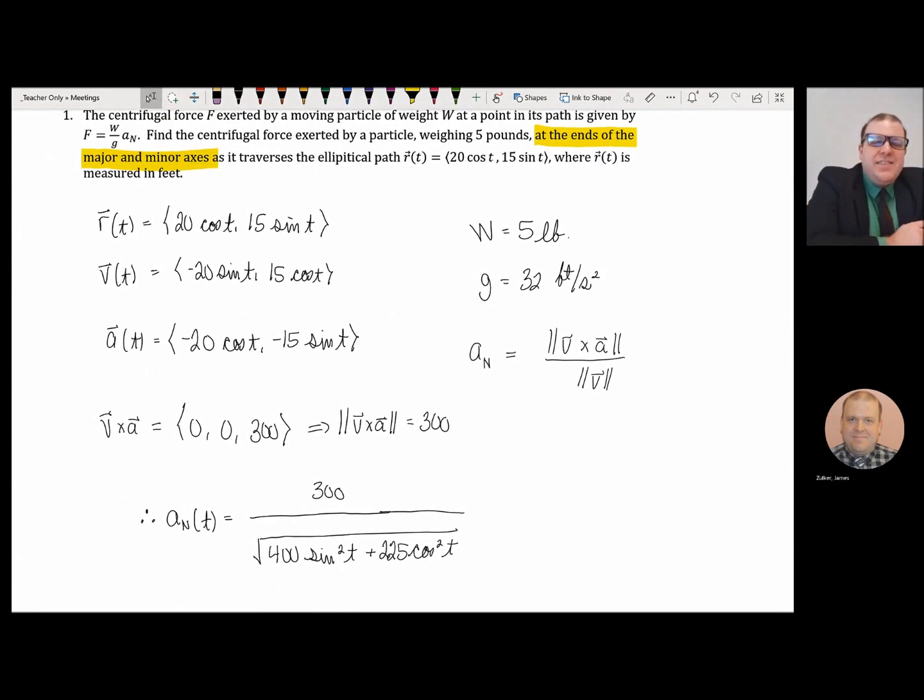You should easily look at this parameterization and tell it is an ellipse centered at the origin, whose semi-major is 20 and semi-minor is 15. The major axis is horizontal.